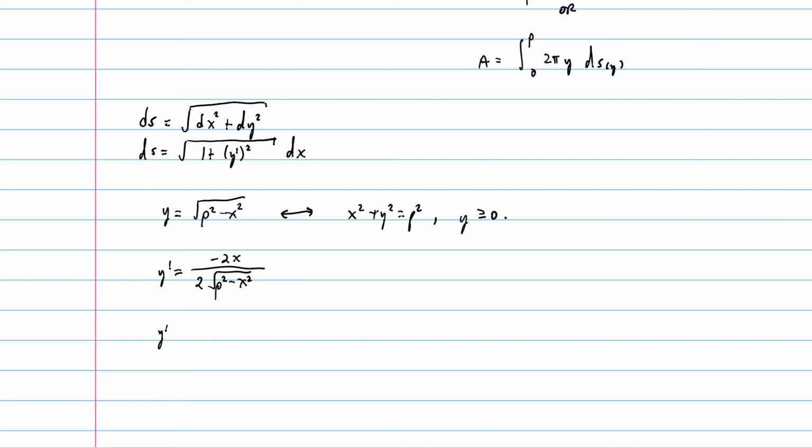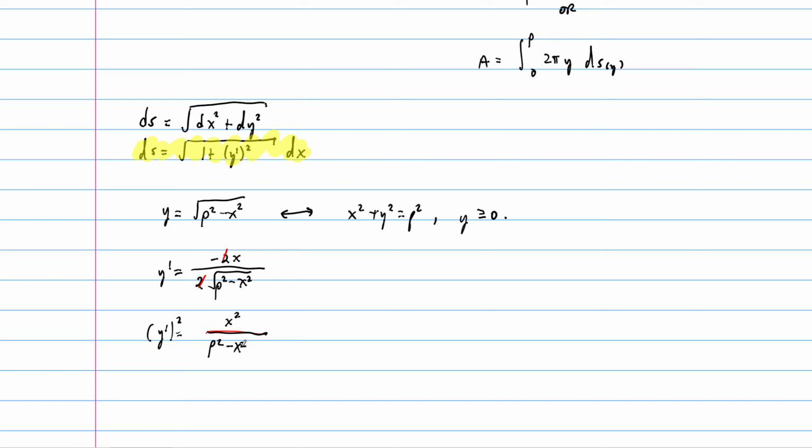So I'm using this equation. So y prime squared is then going to be 4x squared, whoops, the 2's cancel, so let's cancel them right now. Then it just becomes x squared over rho squared minus x squared.